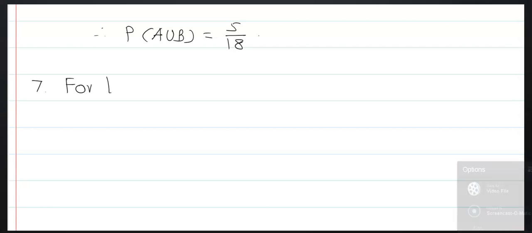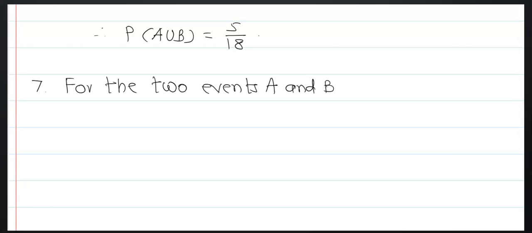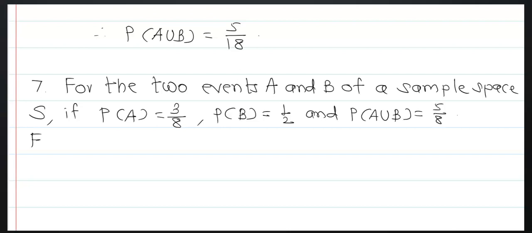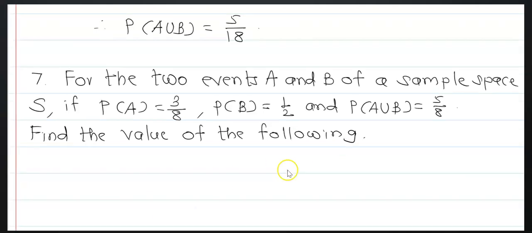Now see problem number 7. For two events A and B of a sample space S, if P of A is equal to 3 upon 8, P of B is 1 upon 2, and P of A union B is 5 upon 8, find the value of the following. Now I will repeat this problem again.